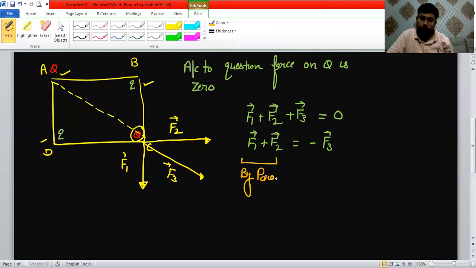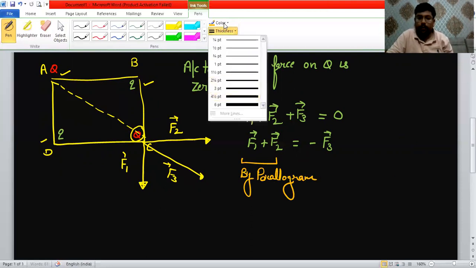By parallelogram law, we can find the resultant of F1 vector and F2 vector.